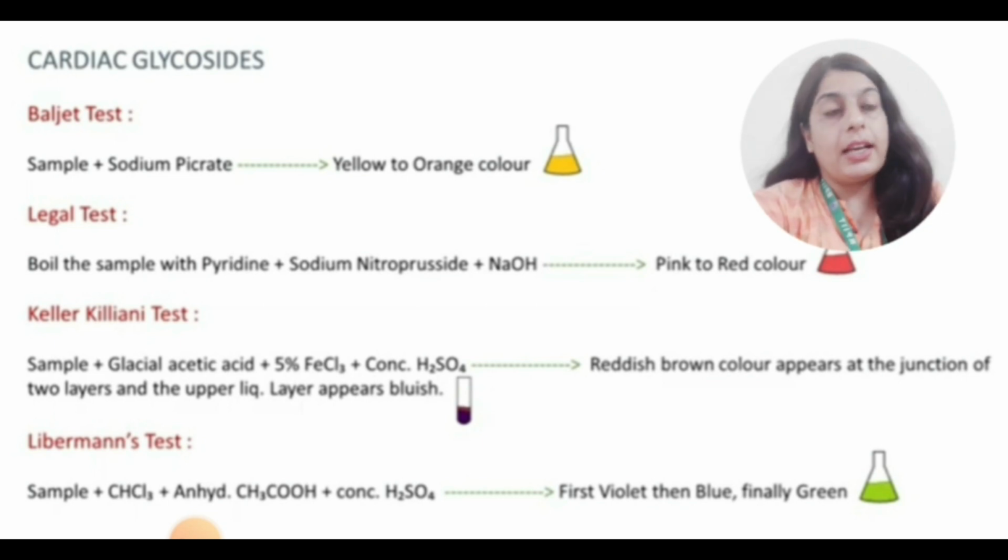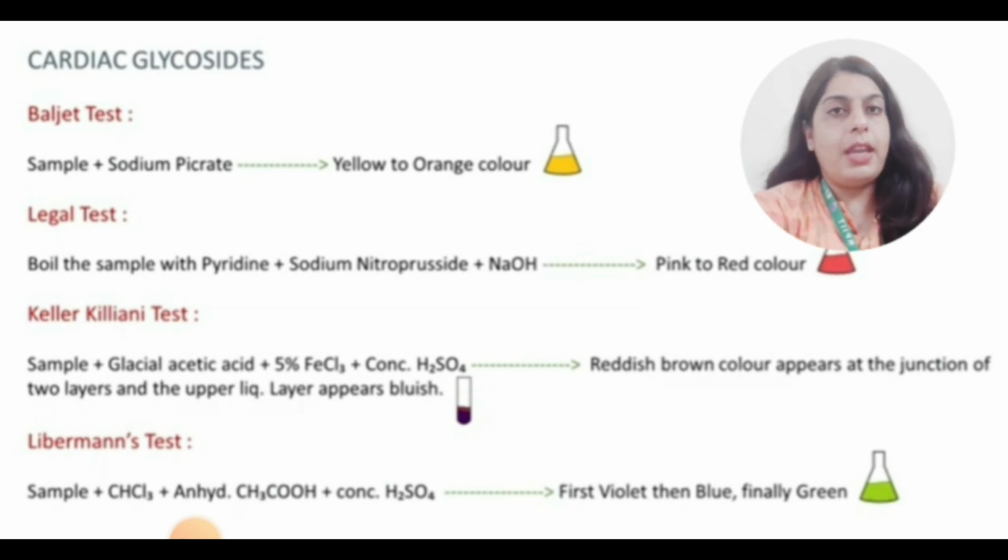It means cardiac glycosides are present in the sample. The next is the Legal test for cardiac glycosides, in which the sample is boiled with pyridine. Some drops of sodium nitroprusside are added with sodium hydroxide. Then a pink to red color is produced. It means the sample consists of cardiac glycosides.